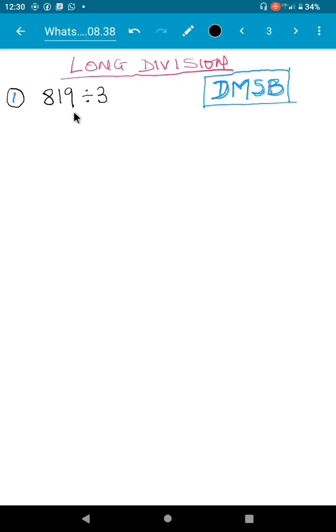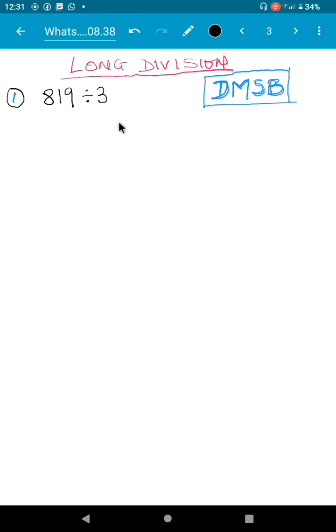For example, we can't use that basic method I taught you to solve 819 divided by 3, because sketching 819 oranges or counting up to 819 is going to be difficult. So that is why long division is being introduced.